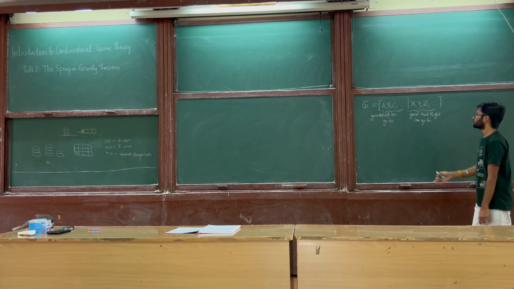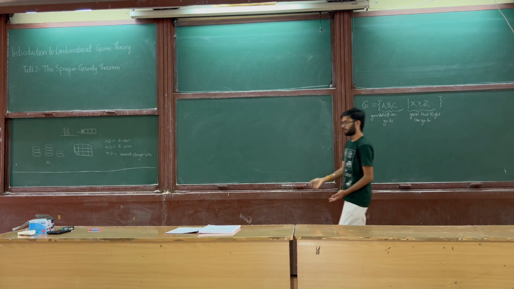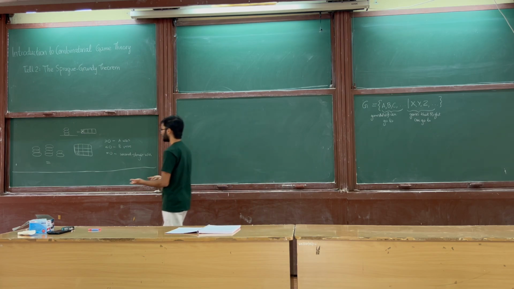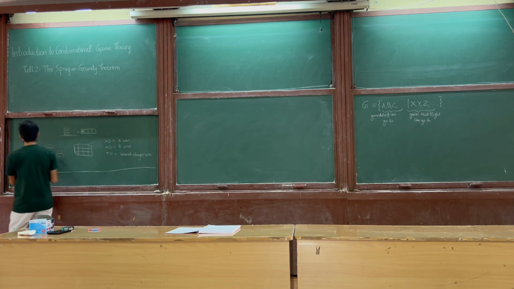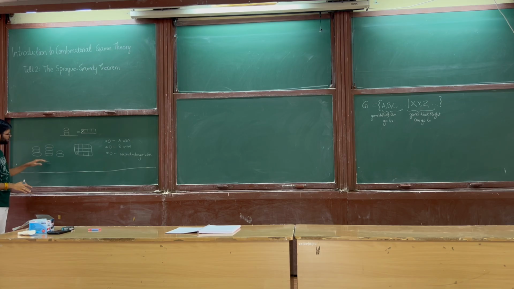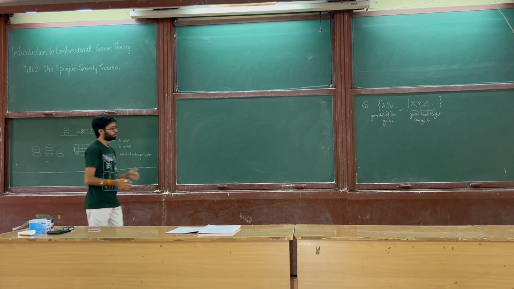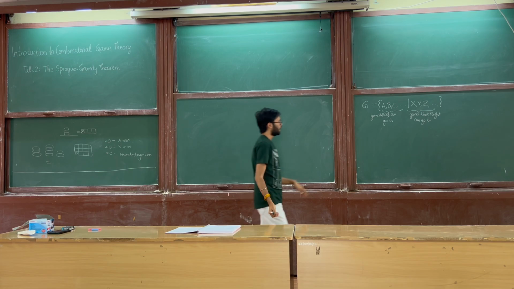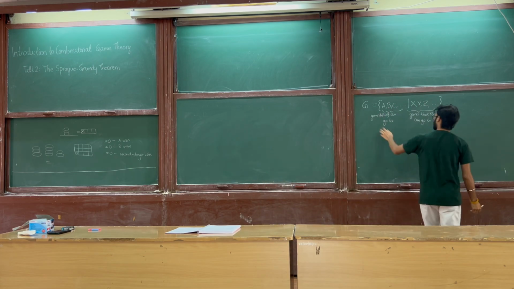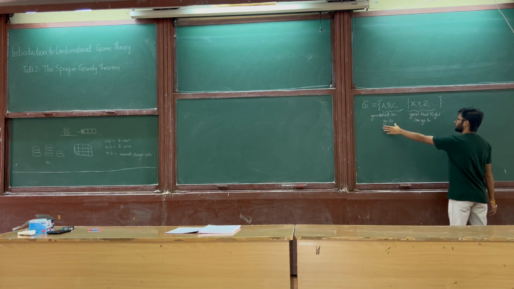Again, I don't want to bother about looking at different rule sets. Like this game moves to other games by the rule set given by the nim rules, and this goes to other games by chomp rules. But I don't want to bother about these, so I'll just describe a game by the things that the players can go to.